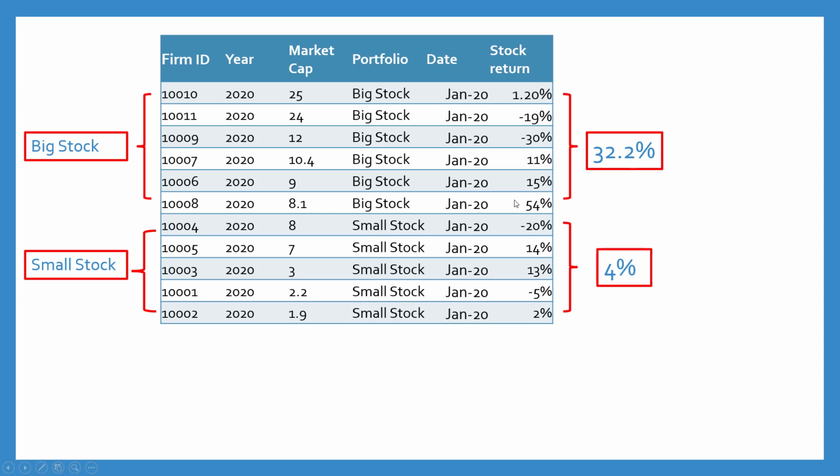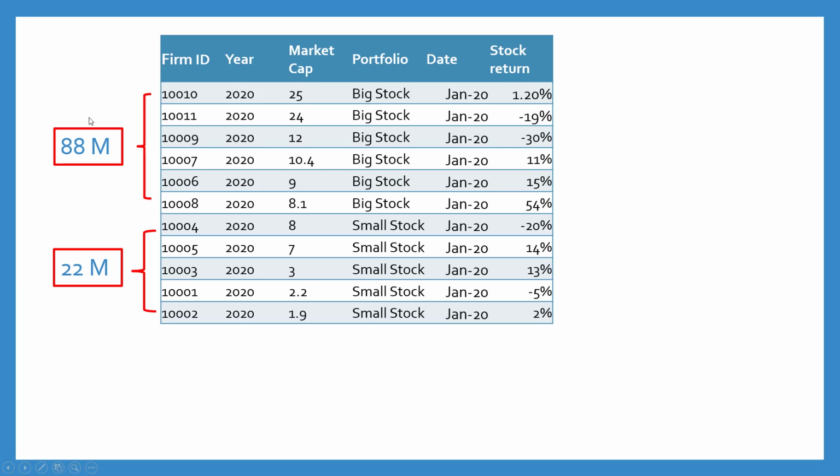When we discussed the univariate analysis, we calculated the average return of the portfolio. Now, that was an equal weighted portfolio where we assign equal weight to each stock in our portfolio. The actual, more accurate method is to use value weighted return.